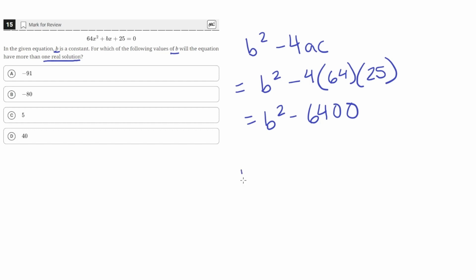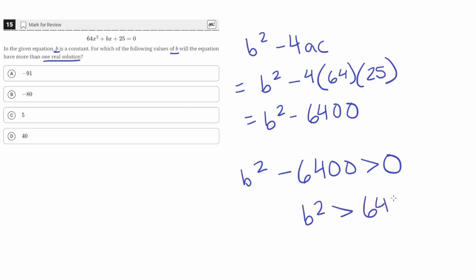And a quadratic has two solutions when the discriminant is greater than 0. So in this case, when b squared is greater than 6400. And there are two possible solutions for b: when b is greater than 80, or when b is less than negative 80.